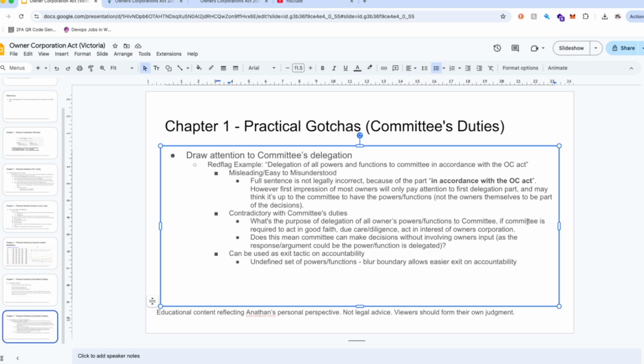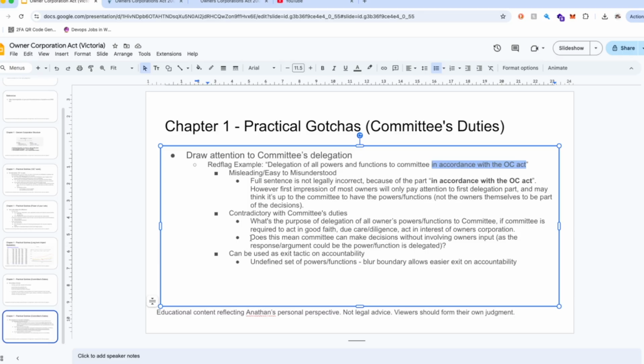If the committee is required to act in good faith, with due care and diligence, and in the interest of the corporation, think about it: what's the purpose of having this clause? Even though this part of the sentence has been added, it sort of rationalizes the whole sentence.